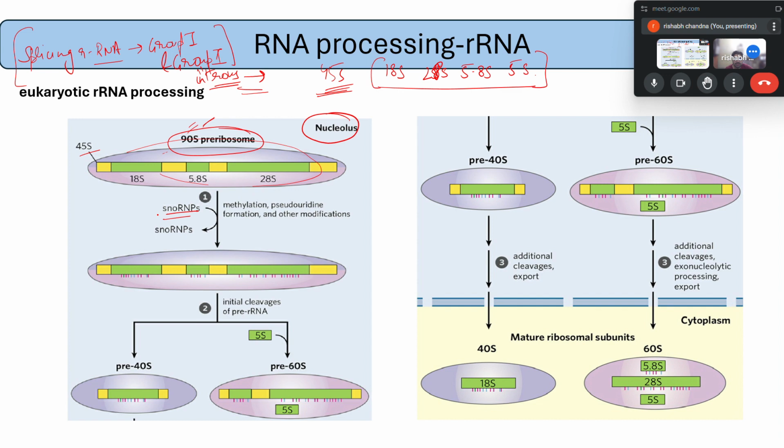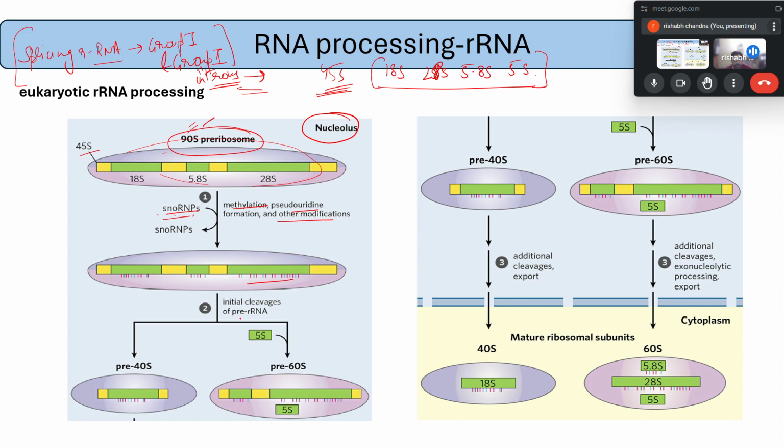The snoRNPs, small nucleolar ribonucleoproteins, enter, and they modify different bases in the rRNA chain, by methylation, pseudouridylation, and other modifications. So they modify the bases, and then this triggers the cleavage of different rRNAs.